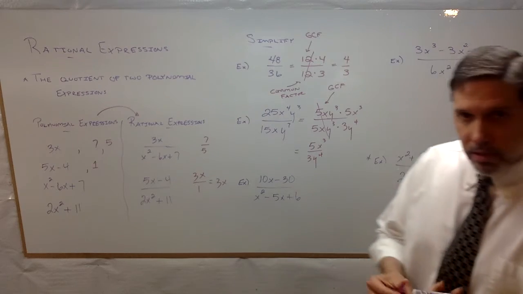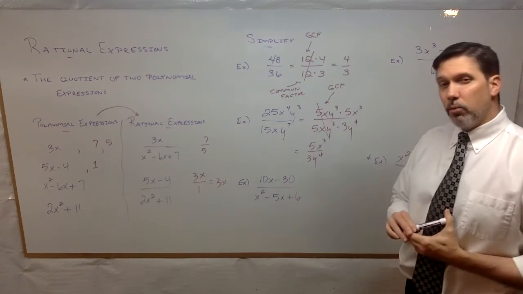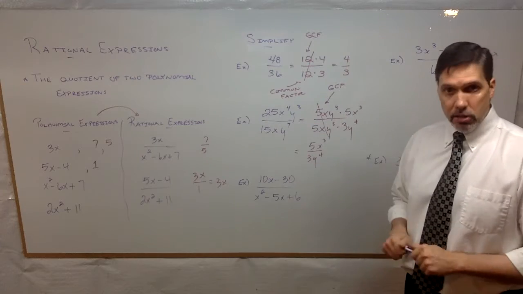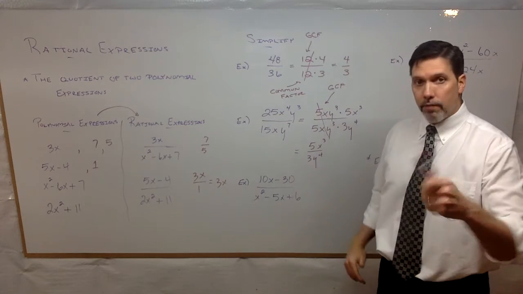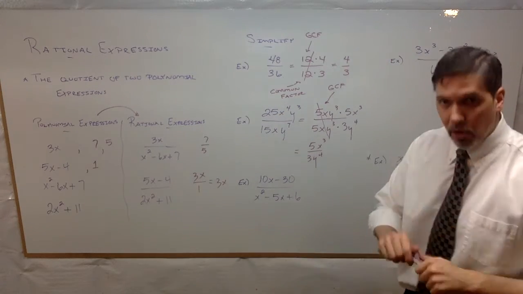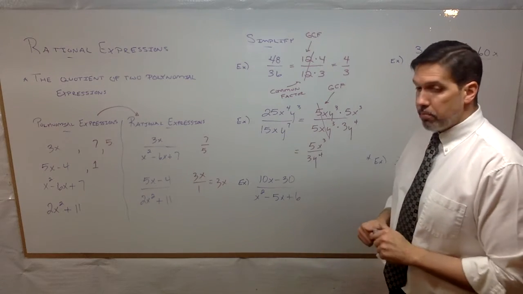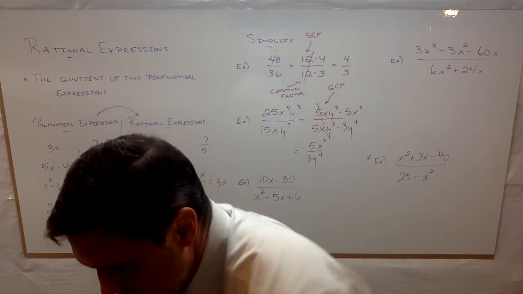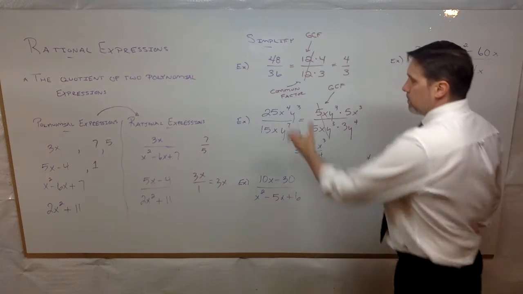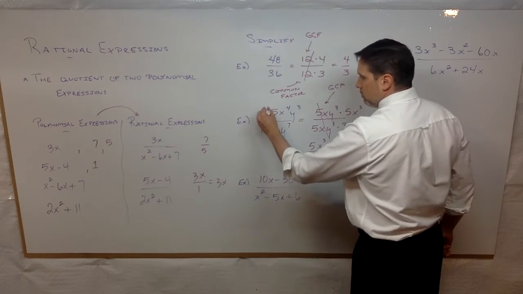Okay, now doing it this way, it was a little bit more than what we needed to do. How I usually simplify these when it's a monomial divided by a monomial. Keep that in mind. A monomial divided by a monomial. I simply just go through it part by part.